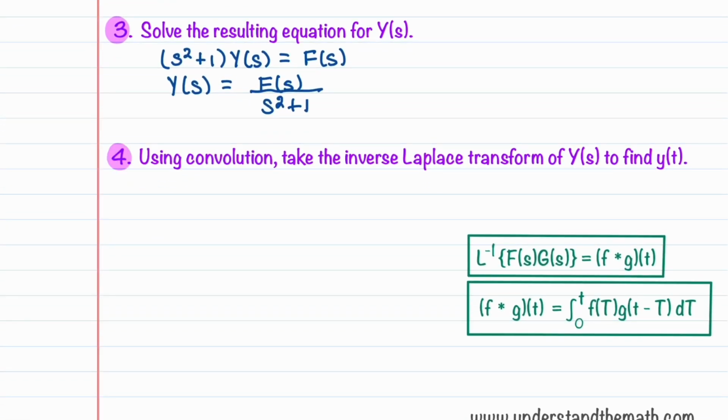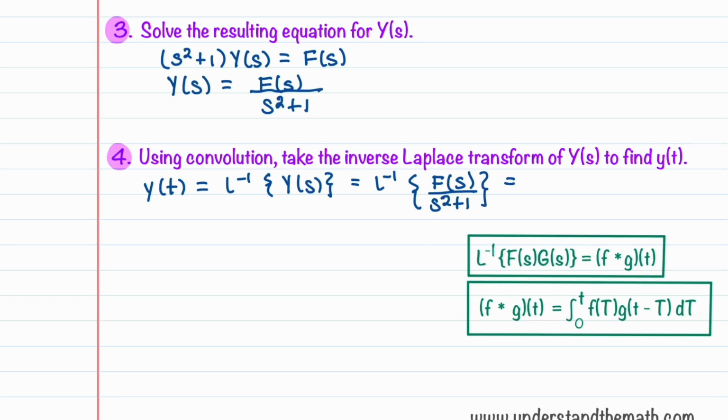In step 4, we're going to use convolution to take the inverse Laplace transform of Y(s) to find y(t). Little y(t) is the inverse Laplace transform of capital Y(s), so this is the inverse Laplace transform of F(s) all divided by s squared plus 1. We're going to rewrite this and break up what's inside, as the inverse Laplace transform of capital F(s) times 1 all divided by s squared plus 1.